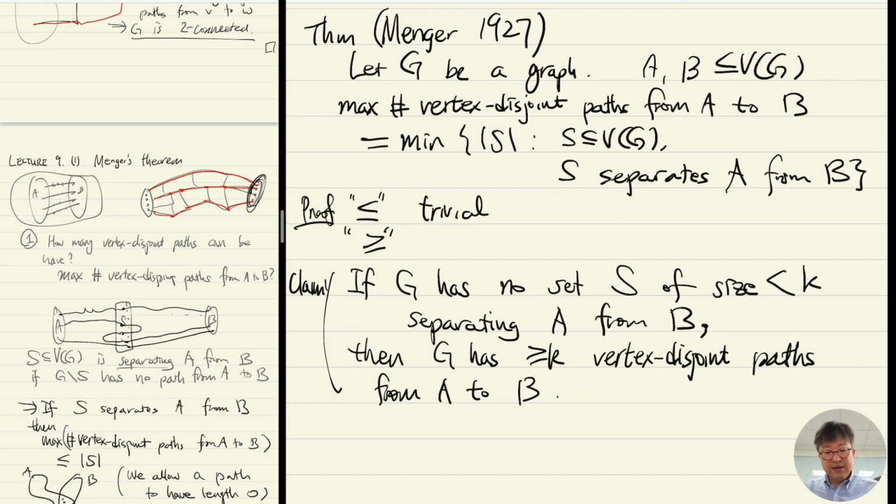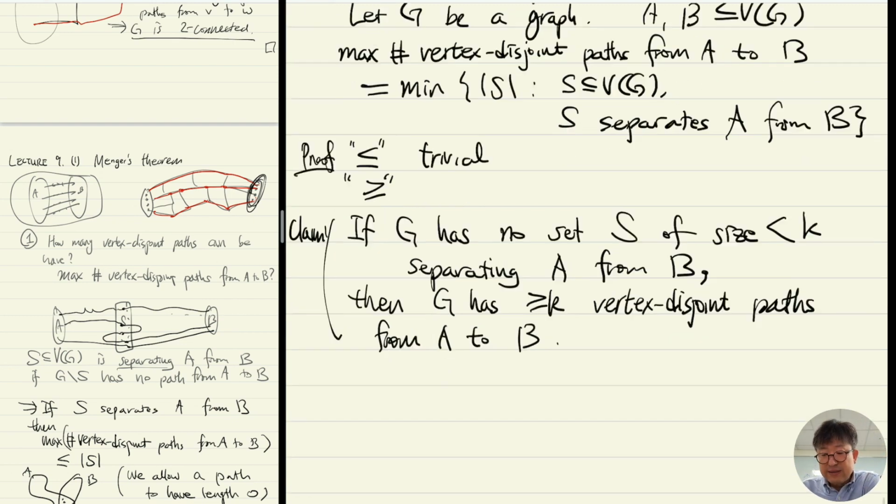So I'm saying that if the graph has the right hand side of this equation at least K, then the left hand side should be at least K. And I can use K for any value, any integer. If that's the case, then we prove this inequality. So that's enough.